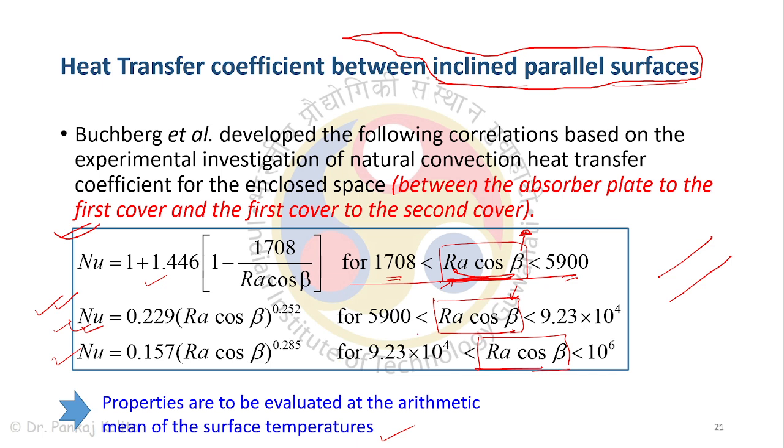If it's from 5900 to this particular value, you will use this Nusselt formula, and if it lies between this value, you have to use this Nusselt formula. And you already know Nusselt number is h into your characteristic length by k, right? So from here you can calculate your heat transfer coefficient. Note that the properties are always evaluated at the arithmetic mean of the surface temperature.